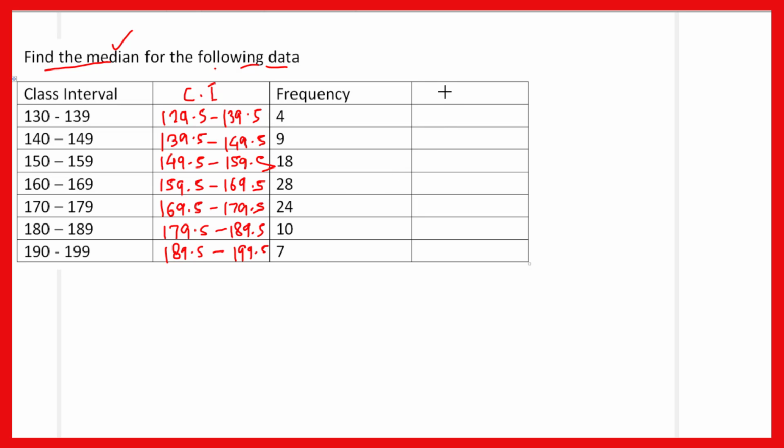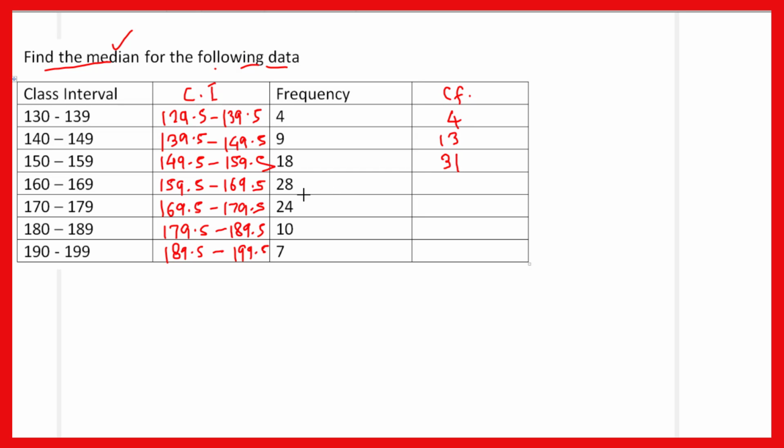And to find the median, we first find the cumulative frequency. So cumulative frequency, we first write the frequency as it is, then go on adding the cumulative frequency with the next frequency. So 4 and 9, that will be 13. Then 13 and 18, that will be 31.